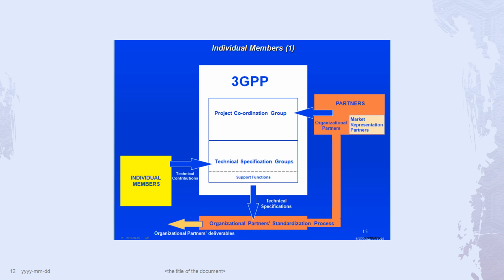There is another picture here. You can see the input the individual members have: they are part of the TCGs. So they are part of one of the TCG groups.